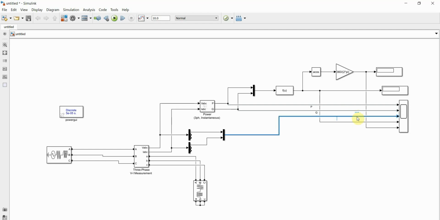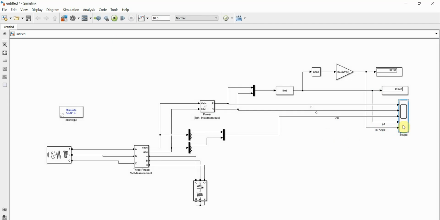This one is for voltage and current, and this one is power factor, and this one is power factor angle. So now run it. Hope it will give you the result.